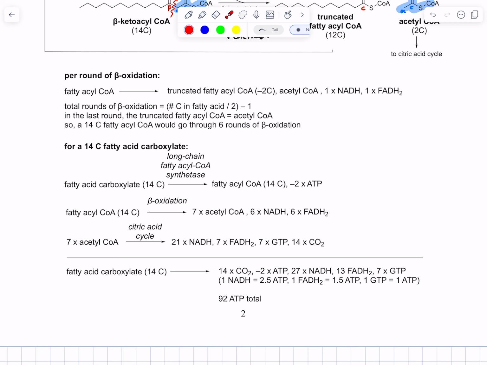And per gram of fat or oil, that's twice or 2.5 times as much ATP as you would get for the corresponding mass of glucose. That's why biology, at least in mammals, stores energy for long term in triglycerides, because you've got half the mass, equal ATP generating potential.